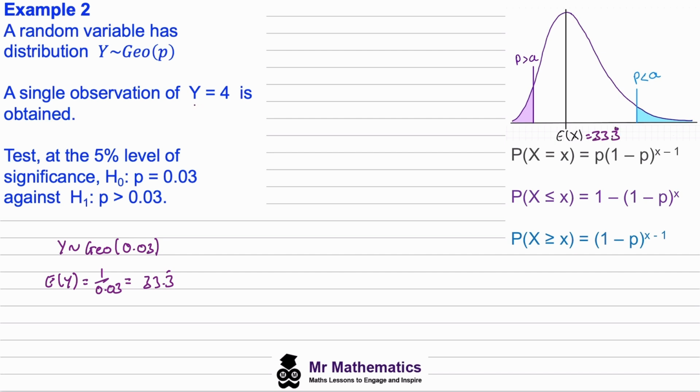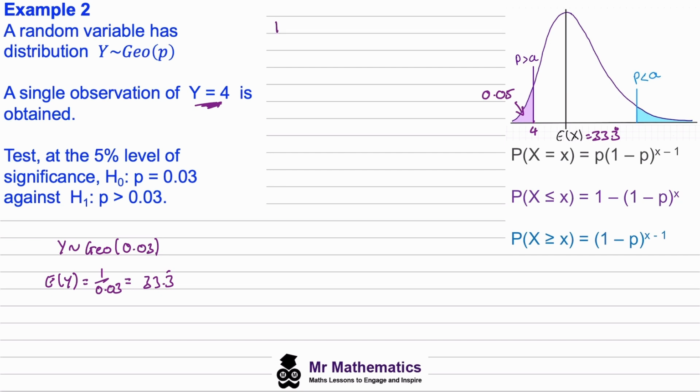And we've been given the observation of Y as 4, which is to the left of the expected value. So we're looking at this region here. I'll label this 4. And again, because we've got a 5% level of significance, this critical region has an area of 0.05.